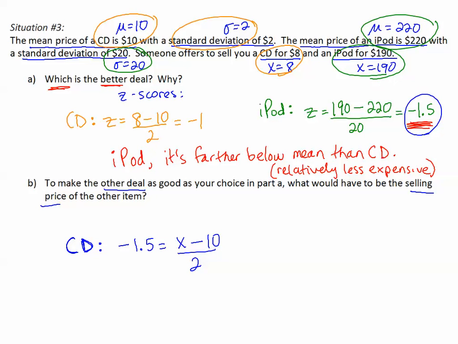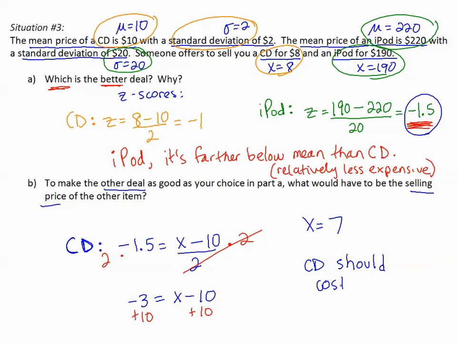And we solve for the observation x. Multiply both sides by 2 to get rid of that divided by 2, and we end up with negative 3 equals x minus 10. Add 10 to both sides, and we end up with x being 7. That means the CD should cost $7 if we're going to make it as good of a deal.